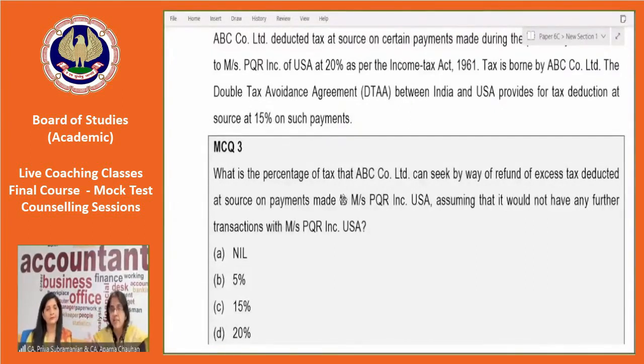It's the difference. You have deducted at 20% and it is enough if you deduct at 15%. So 5% is the answer in this case. The correct answer is B, 5%. And because the conditions have been satisfied. If the conditions are not satisfied, then it is not possible for it to claim.